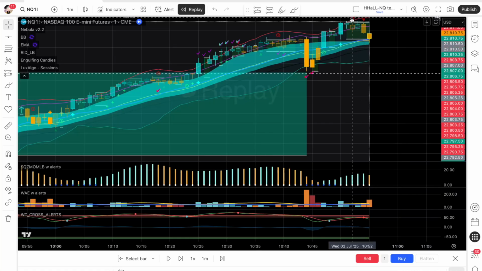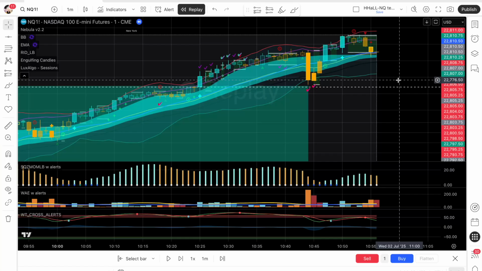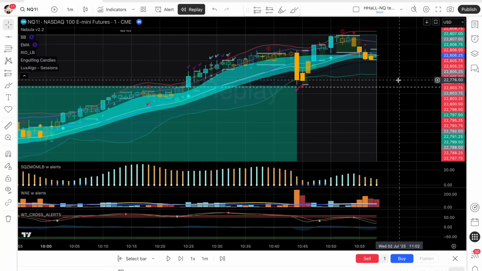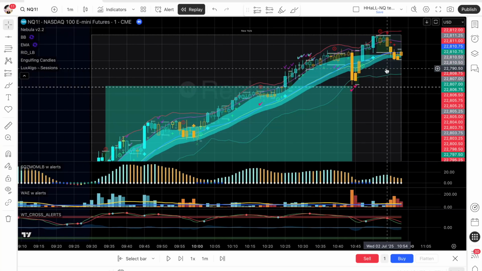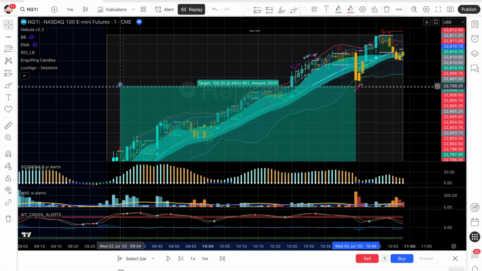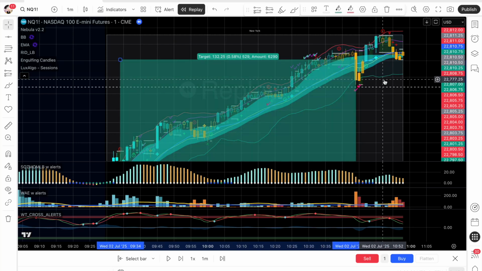Oh, we got some sell signal here from Nebula. I see some sell volume coming in. But we're staying above the EMA 21 for the moment. Close below. So I could see you selling here as well. What would we be at if you sold there? Yeah, you'd be at 132 points, which is still very good.